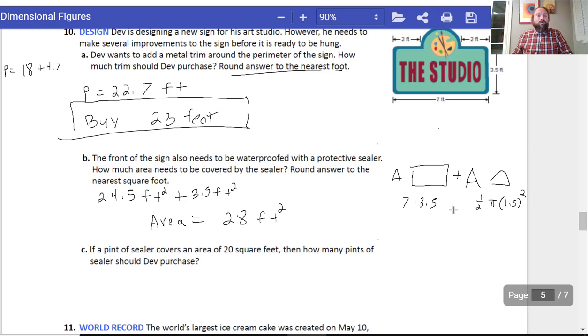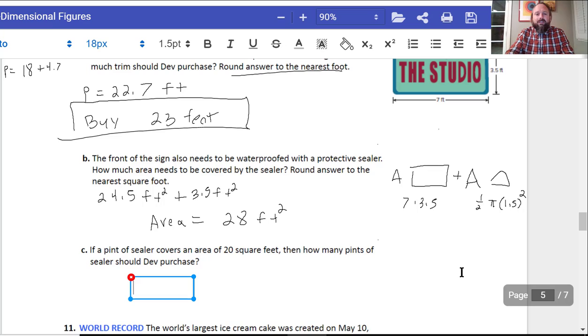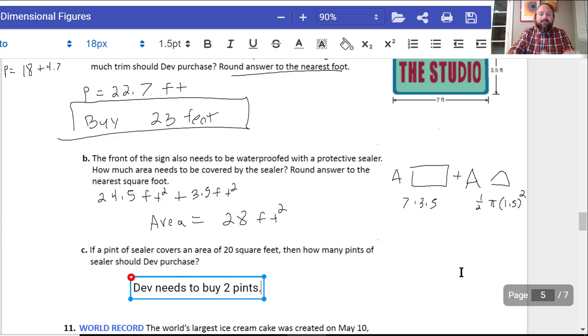So, last one. If a pint of sealer covers an area of 20 square feet, how many pints of sealer should Dev purchase? Well, he has to buy 2. Dev needs to buy 2 pints.